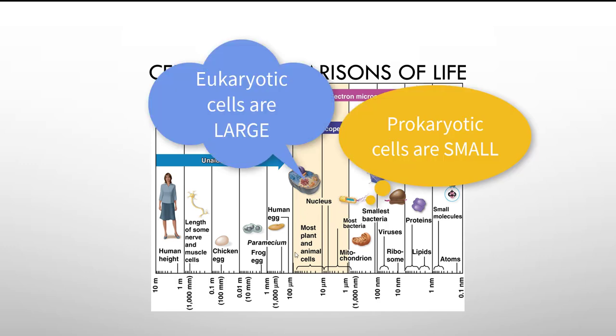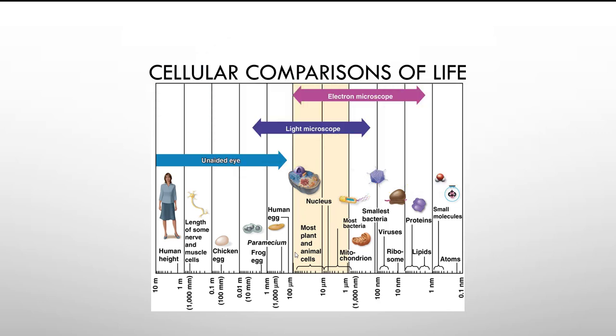And just note that eukaryotic cells have a great range in size. Some cells you can see with the naked eye. For example, ever have an egg for breakfast? That is one single cell, and you can definitely see that without a microscope.